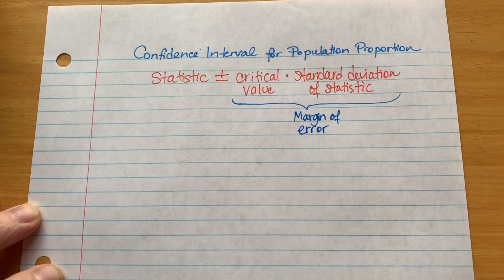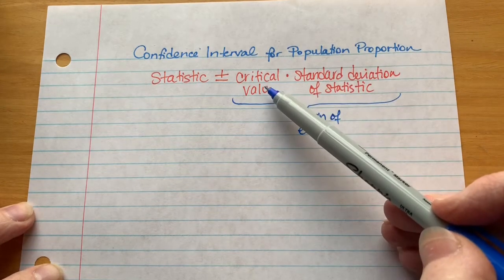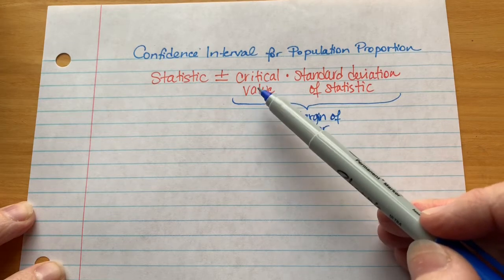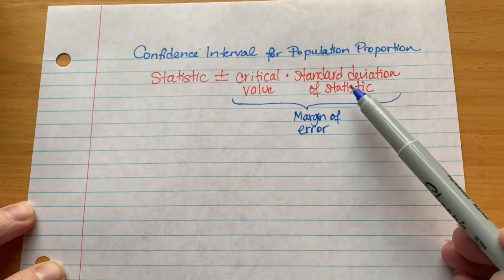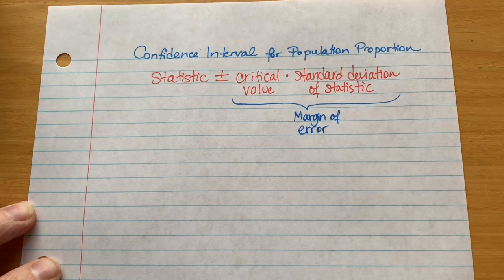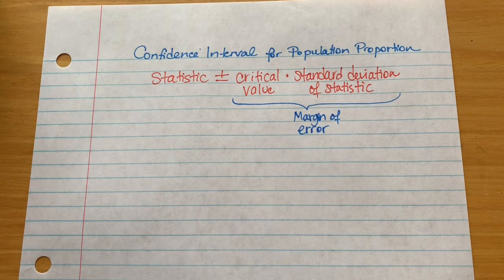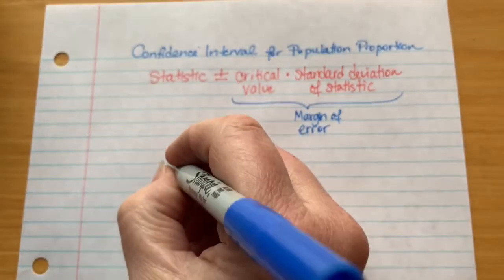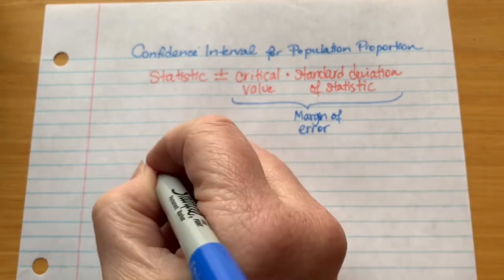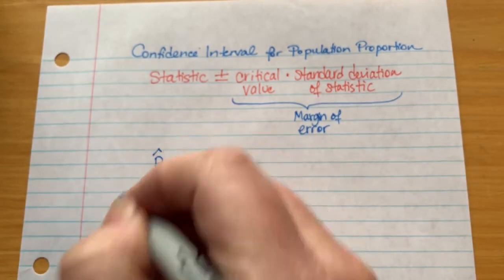Okay, it is built of the critical value, how far away in terms of standard deviations do I need to step, and what is the actual size of my standard deviation, okay? And a little bit quicker, if we were to use our sample proportion, then the sample statistic, our point estimate, is actually going to be our p hat.